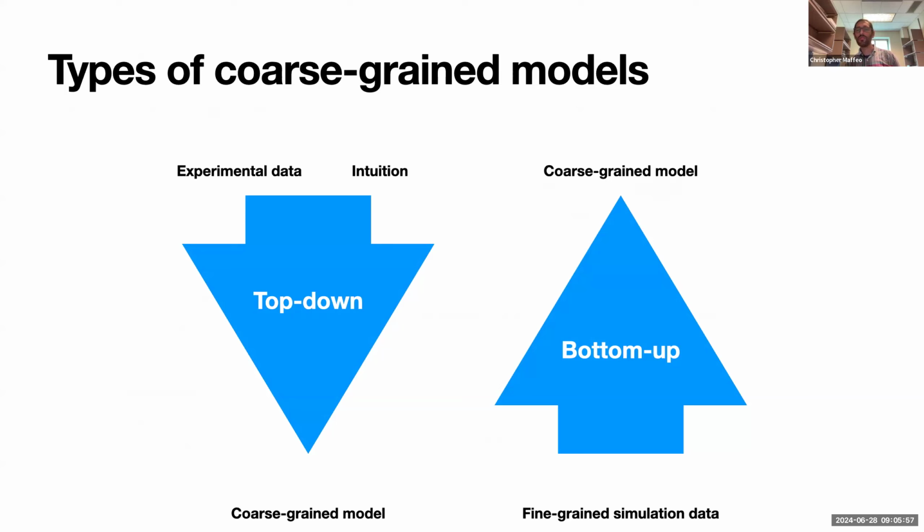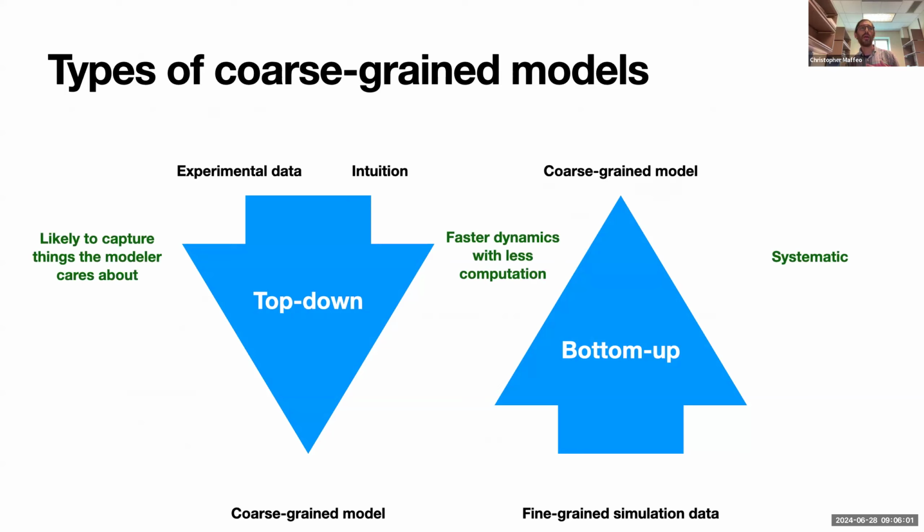Both of them will give you fast dynamics with less computation. But the top-down approach is going to largely capture the things that you put into the model. It'll capture the behavior that you care about usually. Whereas a bottom-up model may or may not, but at least it's a systematic approach.